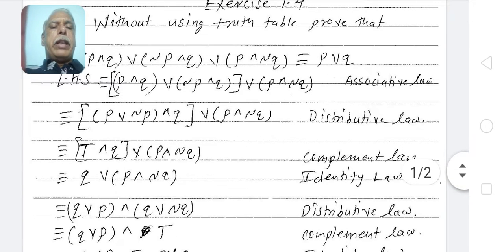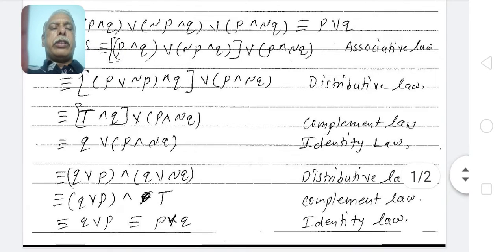Now apply the distributive law. Distribute Q or operator over P and negation Q, which gives first bracket Q or P, and in second bracket Q or negation Q. Now apply the law on the second bracket, Q or negation Q, which always gives T. Therefore Q or P and T. And we have just seen that anything and T is always that thing only.